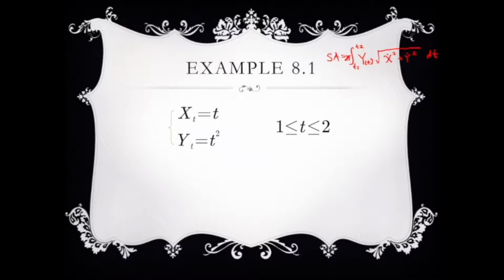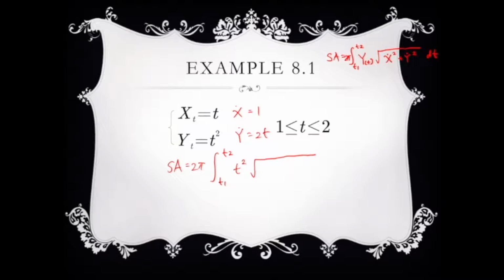Now let's rewrite this in this problem. In this problem, y(t) equals t squared. Therefore, SA equals 2 pi integration from t1 to t2 of t squared times the root of, and x dot here equals 1 because x(t) equals t, so x dot equals 1, and y dot equals 2t.